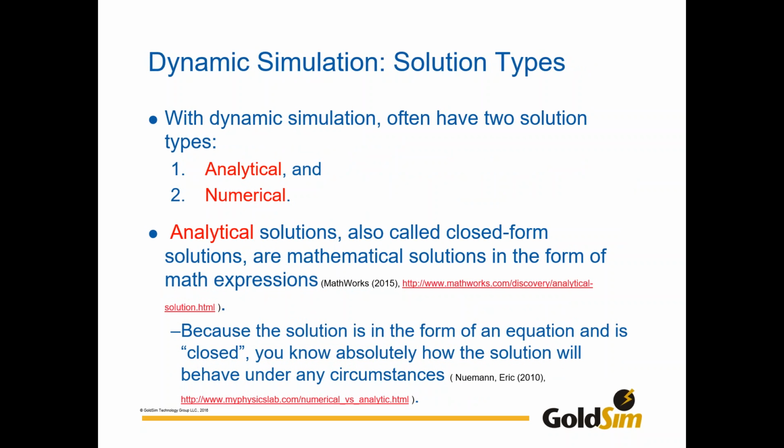So with a dynamic simulation, you often have two solution types, and that would be either analytical or numerical. The analytical solution, as you probably all know, is just the closed form mathematical equation solution. With an analytical solution, we can always calculate a solution.